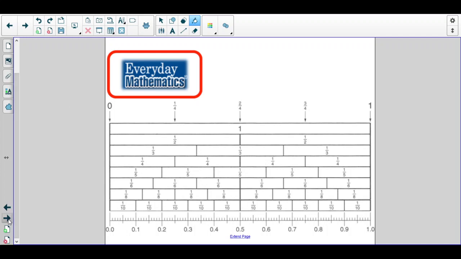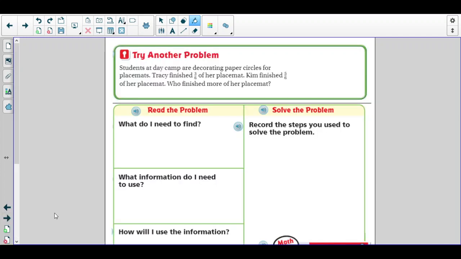Okay, let's carry on and look right here. Students at day camp are decorating paper circles for placemats. Tracy finished 3/6 of her placemat. Kim finished 5/6 of her placemat. Who finished more of the placemat?